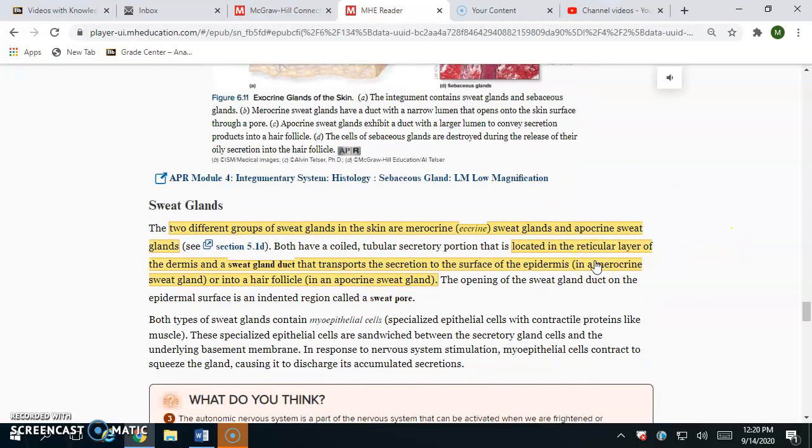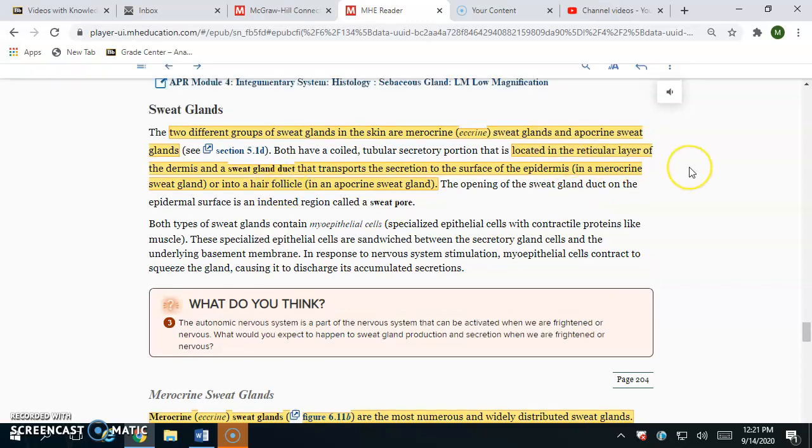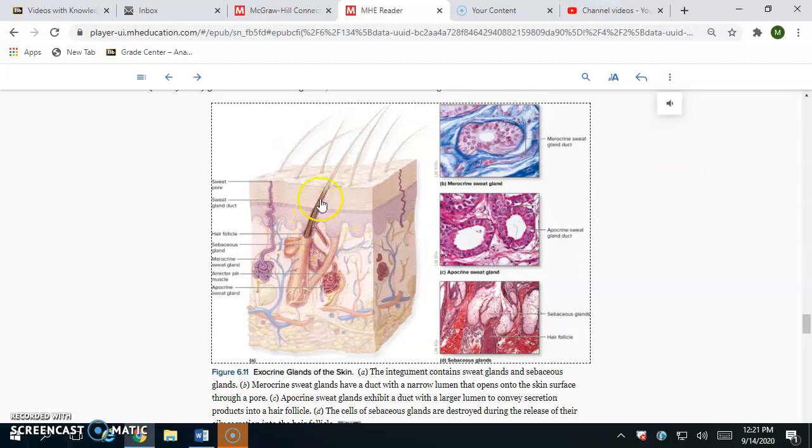We start with our sweat glands. There are two types, like I said, merocrine and apocrine. They're both located in the dermis, and they have that little duct that transports the secretion, which is sweat, to the surface of the epidermis. The apocrine ones generally will connect to the hair follicle, so their sweat will go into the hair follicle, and then it can travel to the epithelial surface from there.